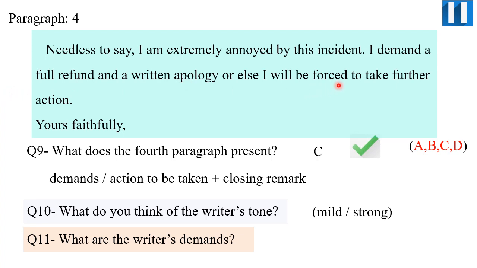This is what we mean by closing remark. How about the tone? Right, it's a strong tone because the writer is extremely annoyed. What are the writer's demands? Right, two demands: full refund of the money and a written apology.